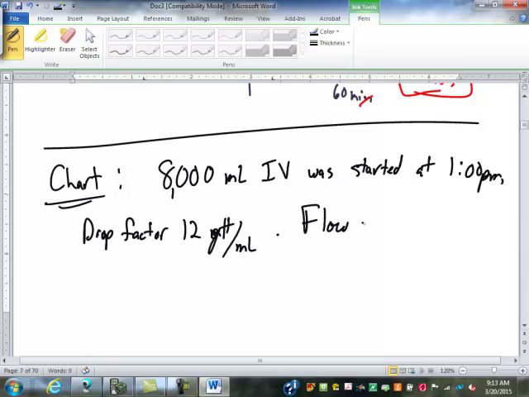The flow rate set currently is 60 drops per minute.